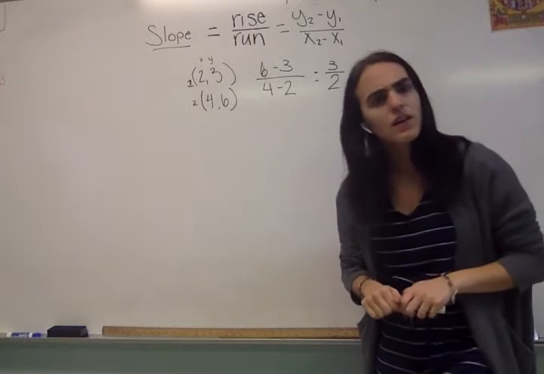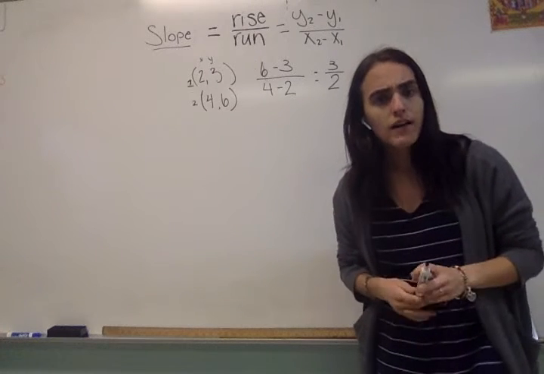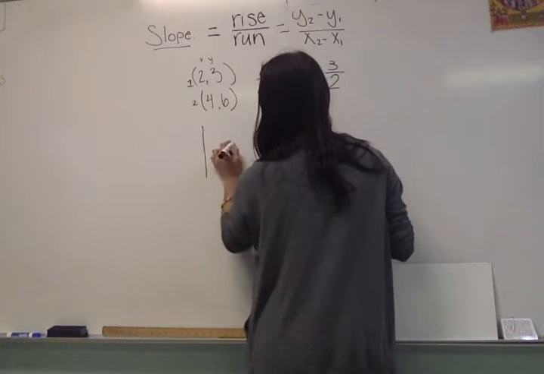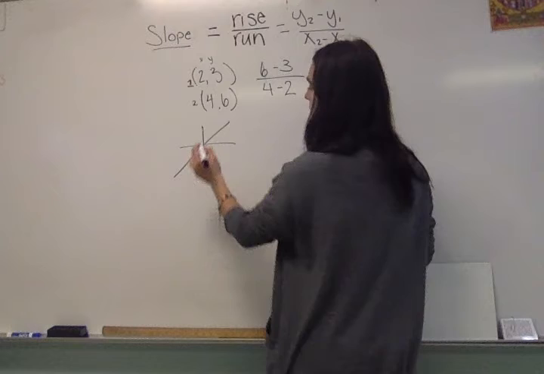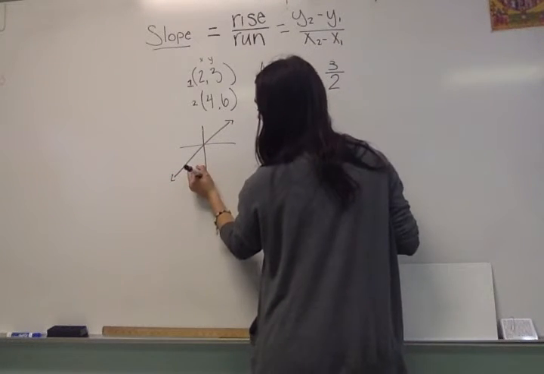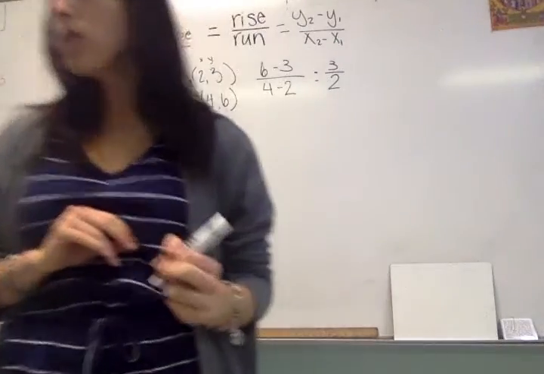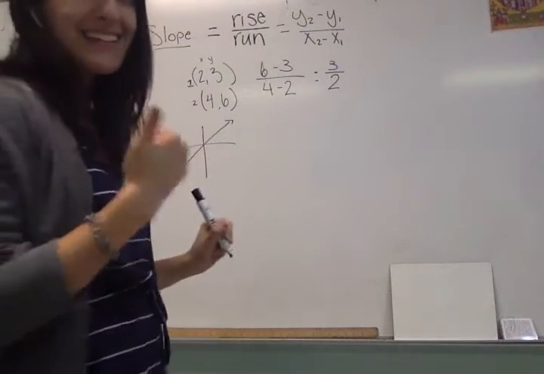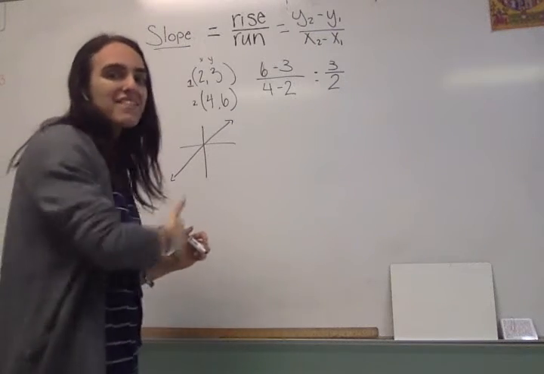So what does this mean for what our graph would look like if we have a positive slope? If you have a positive slope, your graph will look something like this. Excuse me, it rises from left to right.